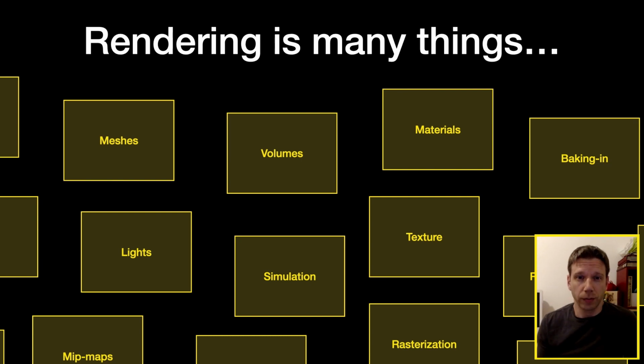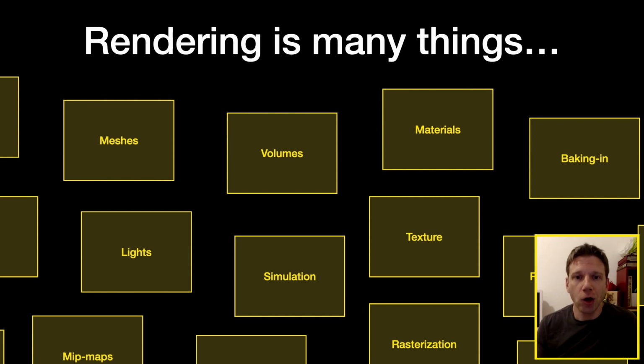As we all know, rendering systems are comprised of many different pieces. Right? We have the ways that we represent shapes, such as polygonal meshes and volumes. We have material properties and texture. We represent light and light sources, have different rendering methods. And for specific objects like fluids or crowds, we use simulation to produce animation.